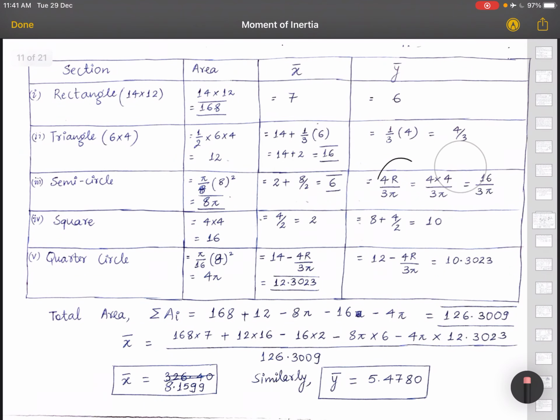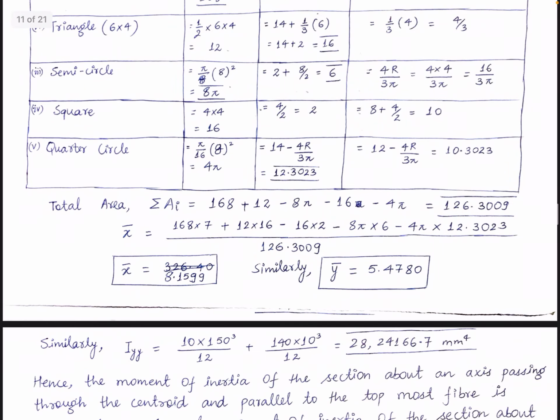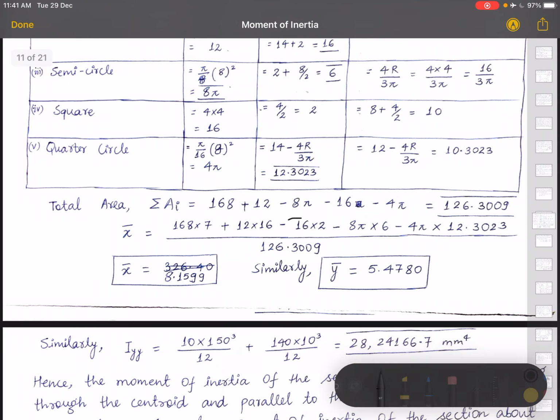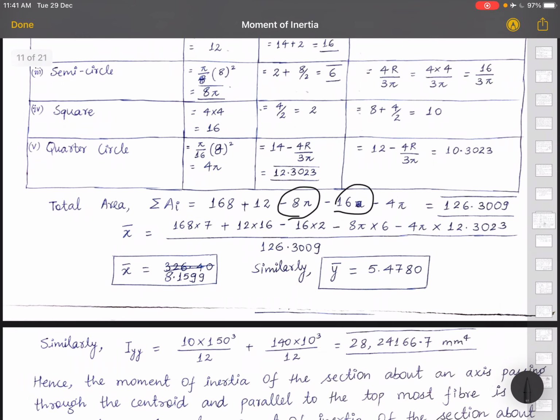Now we have all the data, like individual area, x bar and y bar. We just have to put all the values in the formula. What we have to be very careful about is that the areas which are hollow will be taken as negative. Which areas?